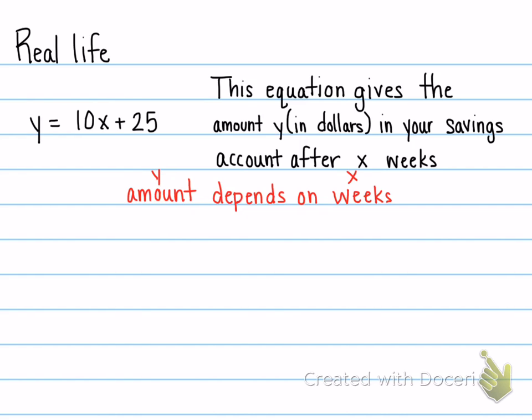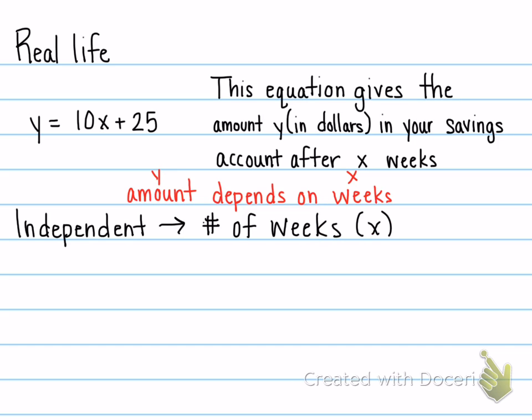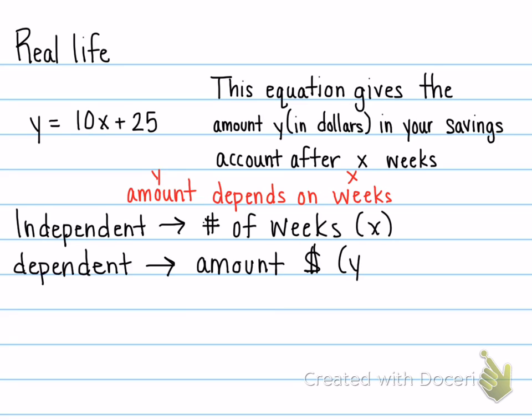So my independent variable is going to be the number of weeks. That's my x value. And the dependent variable is going to be the amount of money. That's your y value.